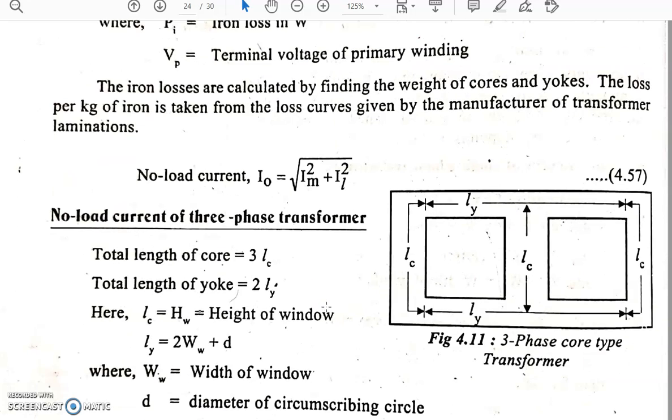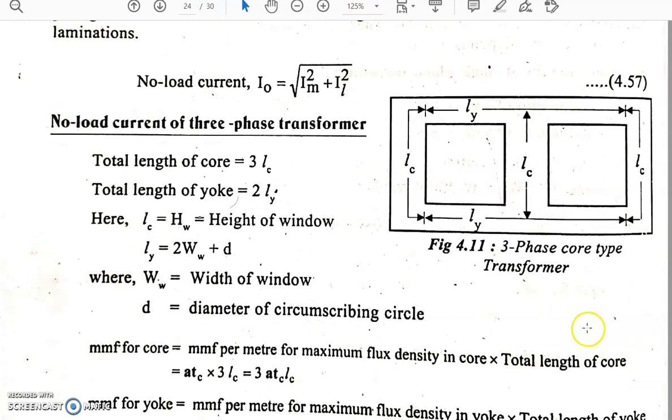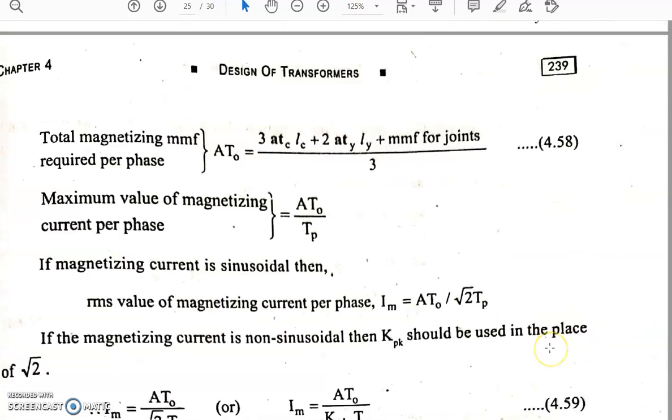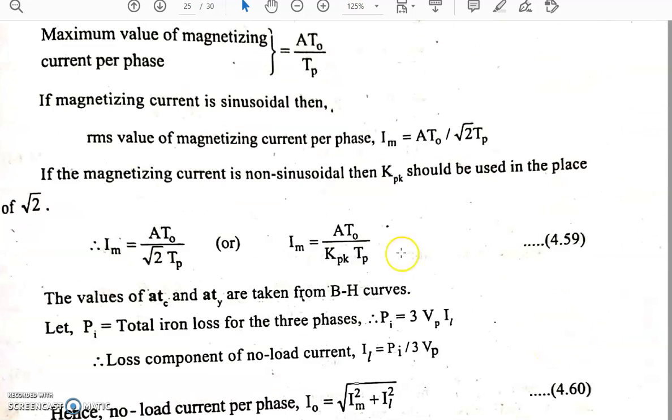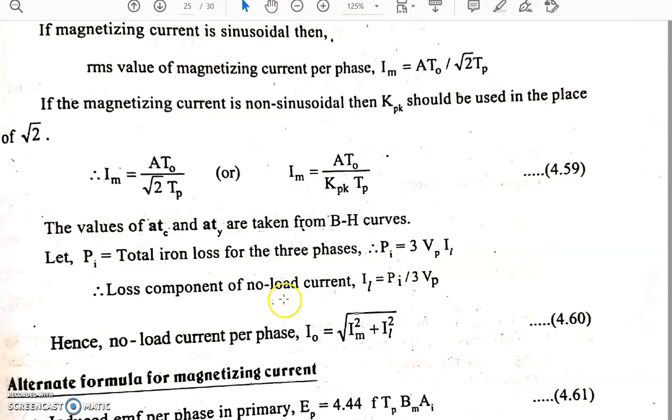And for a 3-phase transformer, we have added one more window and core limb. So finally we got the expression for calculating the magnetizing current as well as the loss component of no load current, and then we calculated the no load current of the 3-phase transformer.